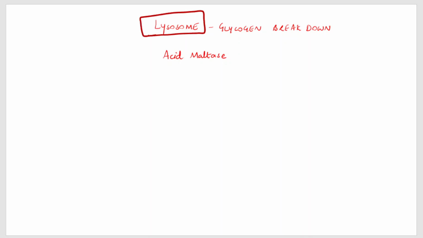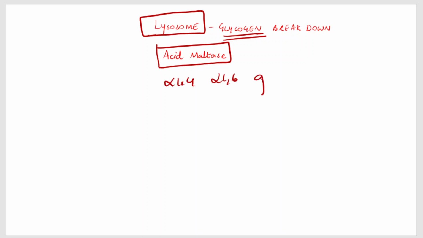by the lysosomes, where it can get broken down, and the enzyme necessary is acid maltase, which is nothing but alpha 1,4 alpha 1,6 glucosidase enzyme. So what if this acid maltase is defective?